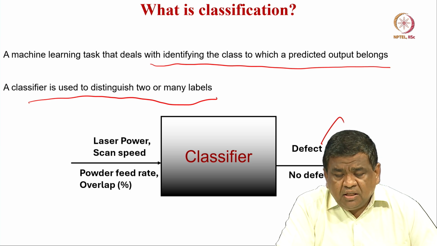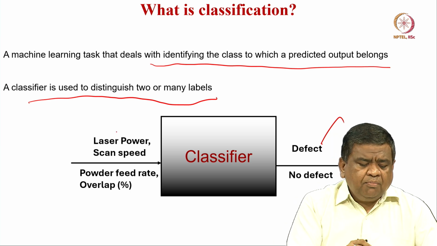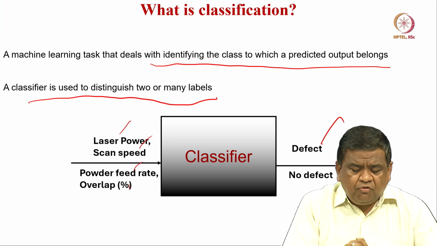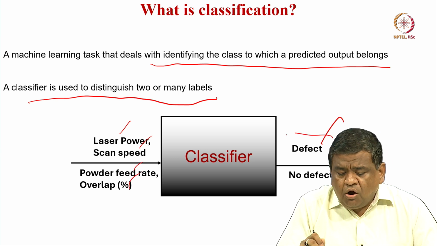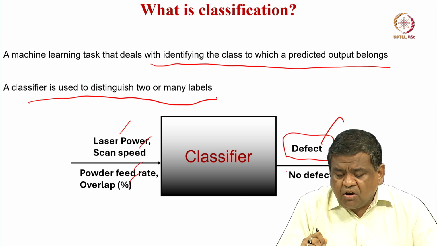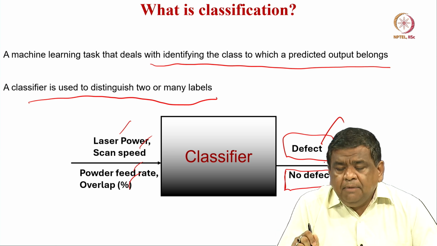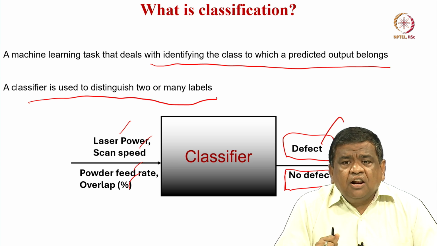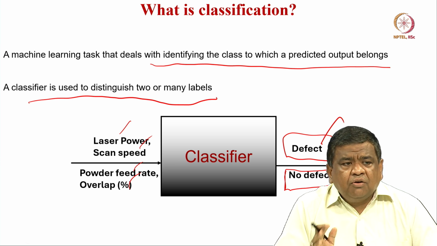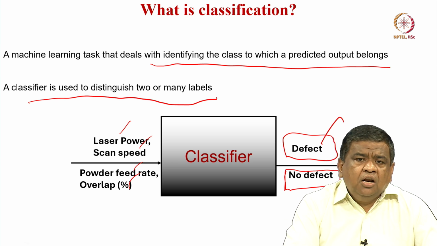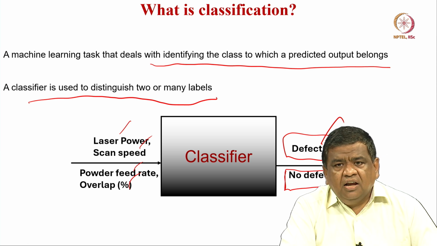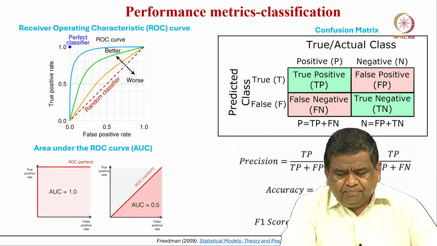Another example in the context of additive manufacturing: you have laser power, scan speed, powder hood overlap, and you would like to know whether a specific combination of AM parameters will result in defects or no defects. Here you can see that the classification algorithm allows you to predict whether a particular combination of parameters will result in defects in the parts or not.